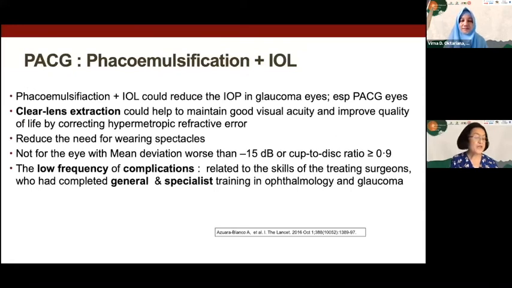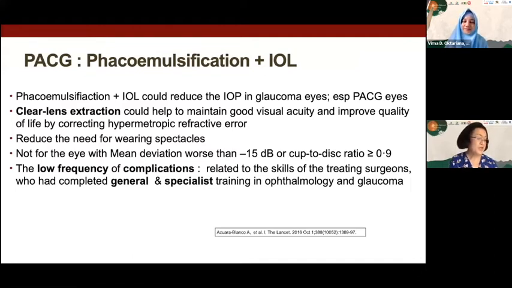Treatment with phacoemulsification only has been shown to reduce the IOP in glaucomatous eyes, especially in primary angle closure. Clear lens extraction in the PACG eye can help to maintain visual acuity and improve quality of life, reducing the need for wearing spectacles.